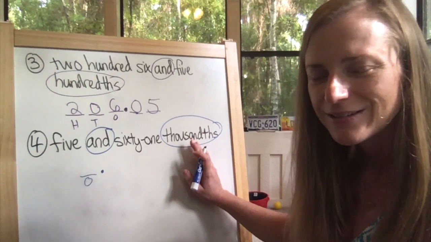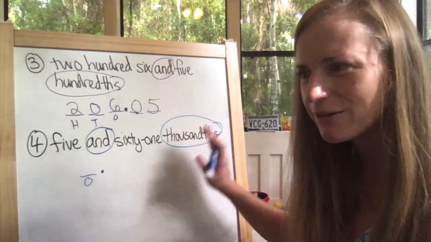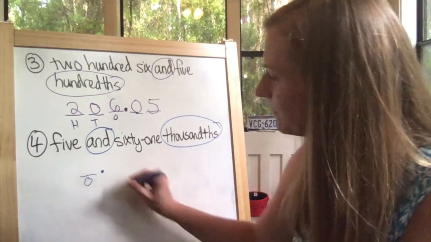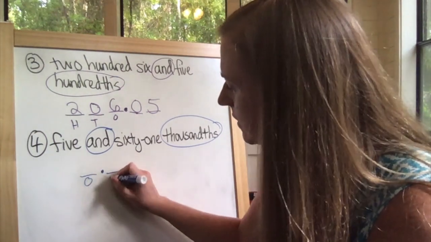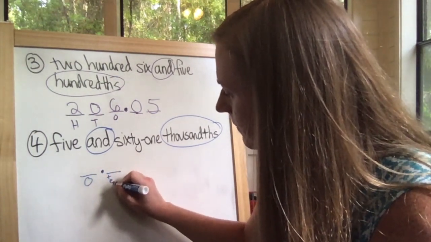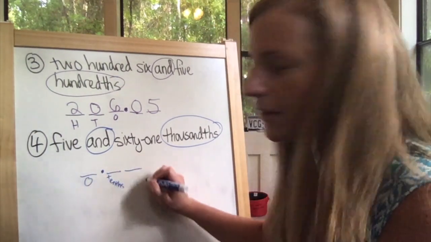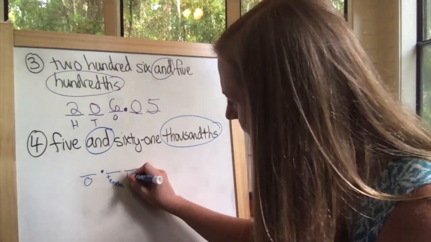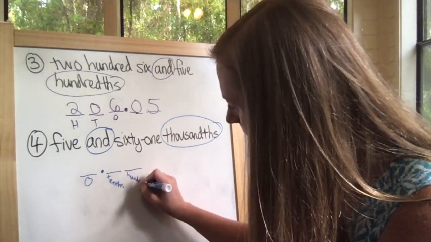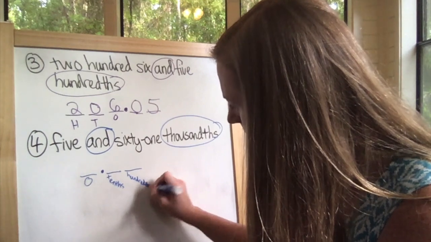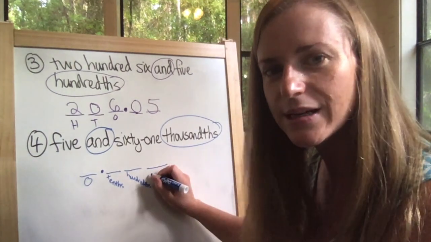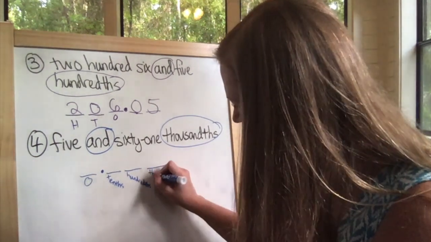1,000th of the sa. How many spots do we need after our decimal point? Well, this is the 10th of the sa. This is the 100th of the sa. And this is the 1,000th of the sa.